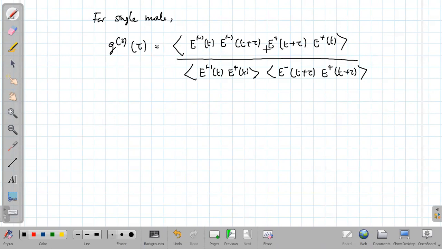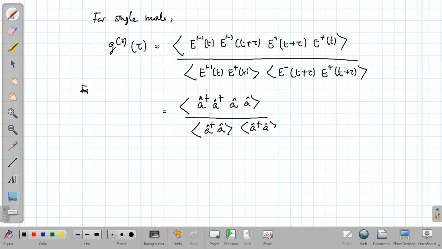This E+ basically represents the positive frequency term and is connected with the annihilation operator, and E− is connected with the creation operator, and basically it is independent of tau. So for a single mode, this becomes the average of a† a† a a divided by the average of a† a times a† a.